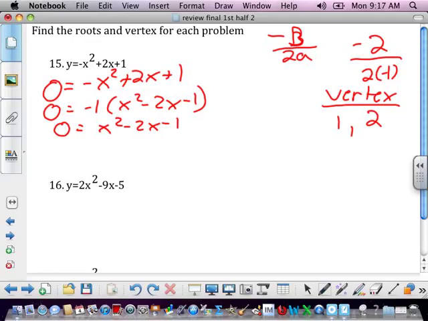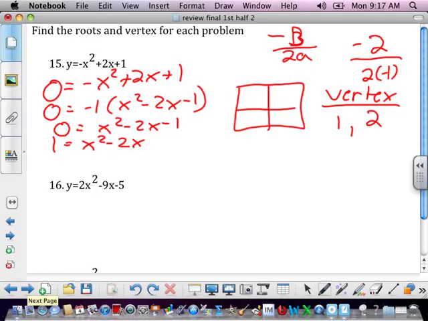Alright. What do I do? What is the next step for completing the square? Adding 1. What is the next step? Dividing by 2. No. Not doing that. Please stop talking while I'm teaching. You can get out if you can't handle it.